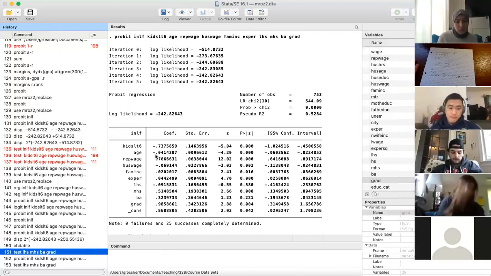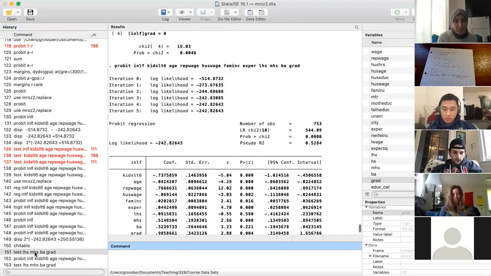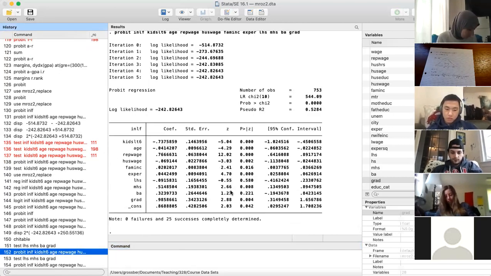So I have my probit regression here. And we talked about the fact that interpreting these coefficients is not straightforward. What we need to do is transform them somehow in order to interpret them.